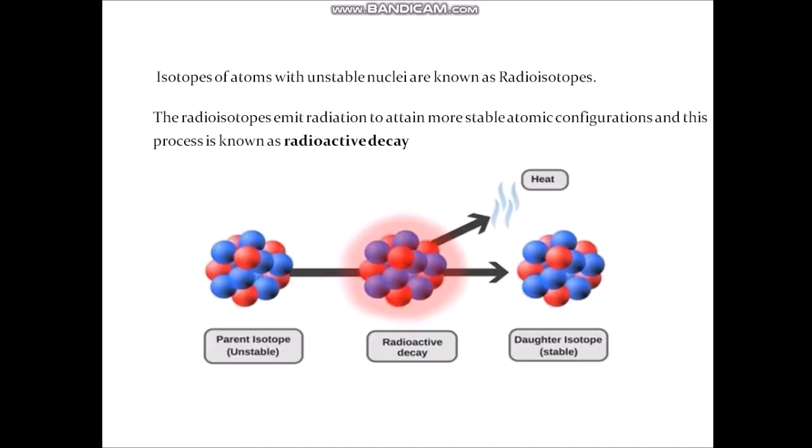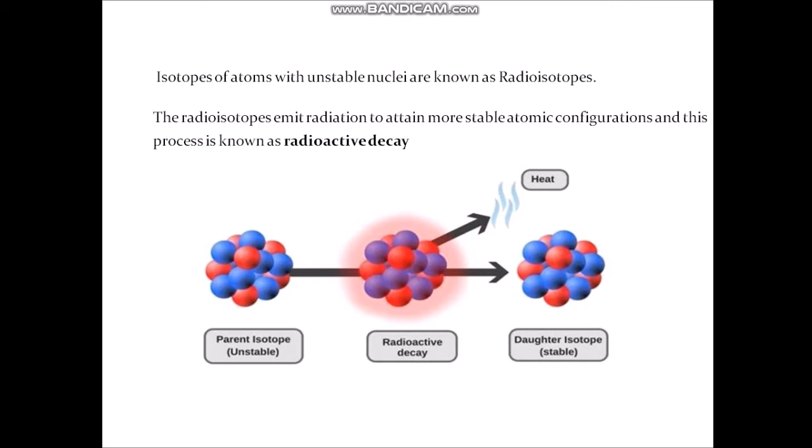How does this happen? This picture will help you. The first structure is a parent isotope, and it is unstable. It tries to find a stable configuration. So how does it attain one?